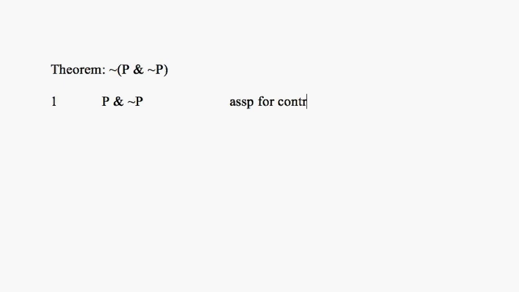Well, guess what? We don't have to go searching for our contradiction. In this case, we actually have it in one line. And so we can conclude not P and not P. Put in a scope line here. And this actually is a legitimate proof. 1.